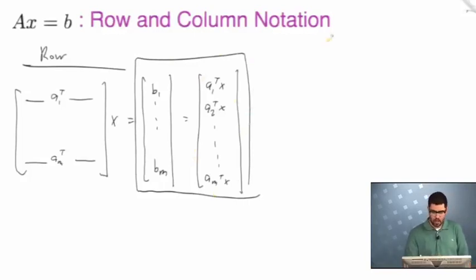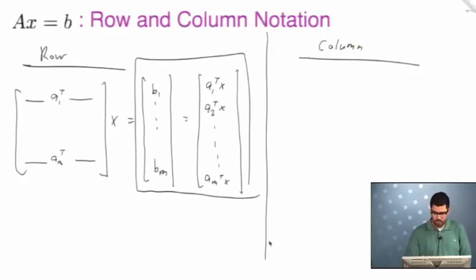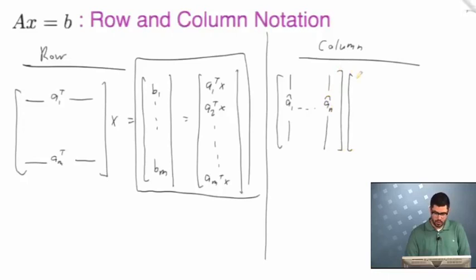Let's look at the column notation now. So the column notation would be, you have a1 hat, dot, dot, dot, an hat. And now I'm going to, on purpose, write x1, x2, and you'll see why in a second, xn, equals b. Okay?